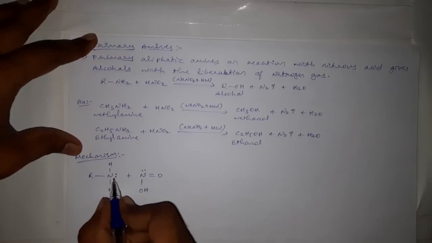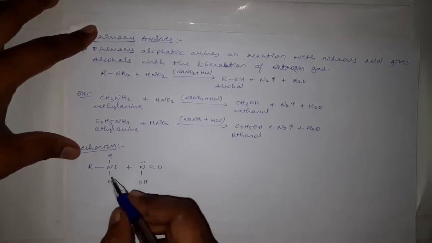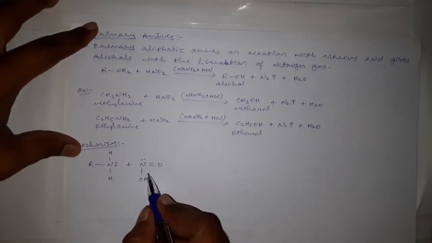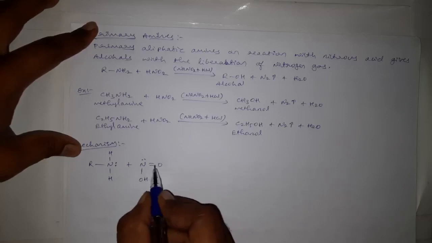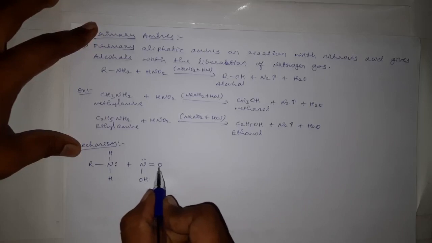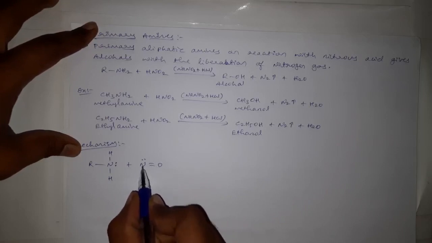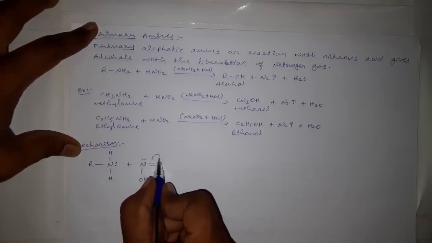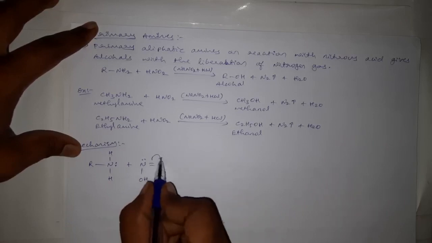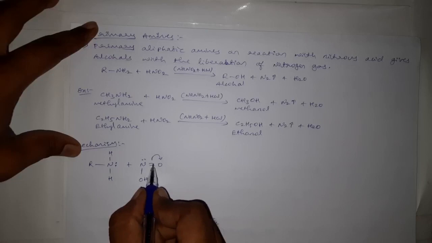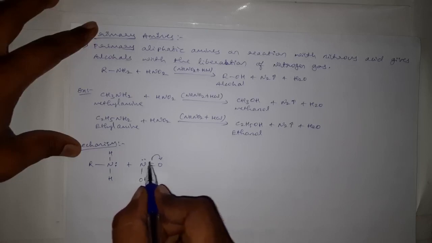These lone pairs of electrons are easily available for donation, and here I am writing this nitrous acid, HNO2. As we know, this oxygen is more electronegative compared to the nitrogen, it will drag these pi bonded electrons towards itself. As it drags these pi bonded electrons towards itself, it will suffer from electron deficiency.